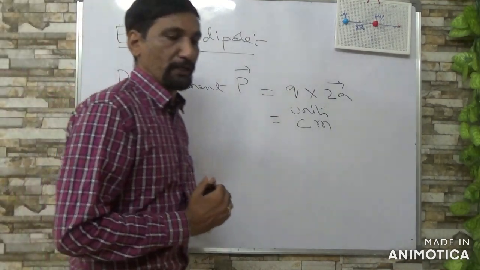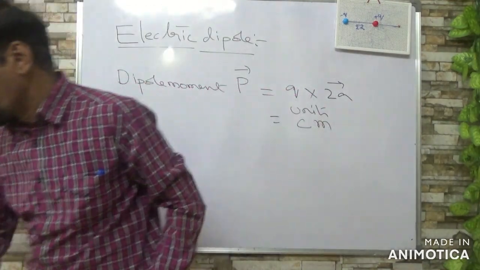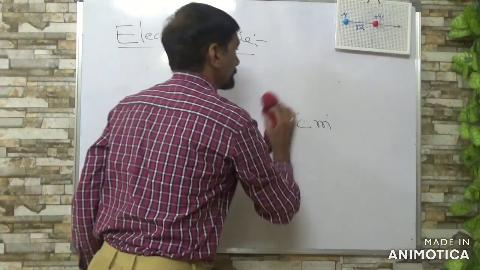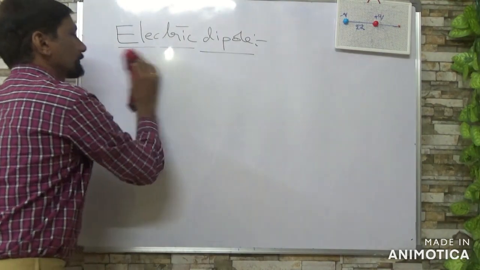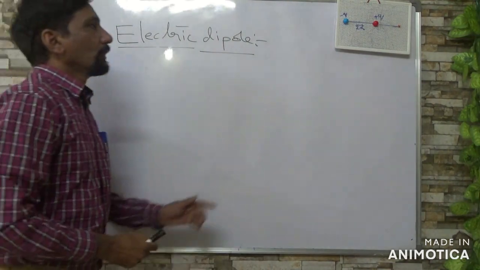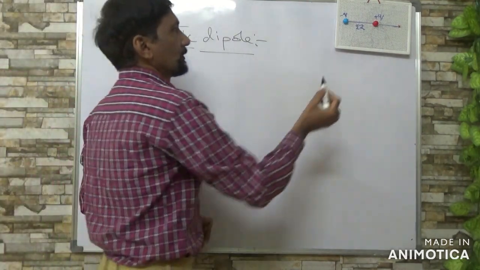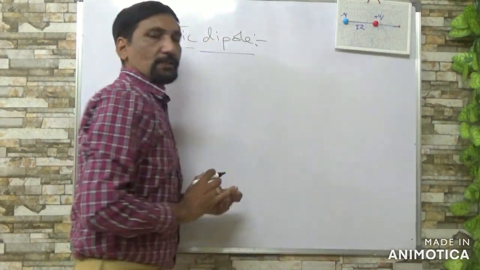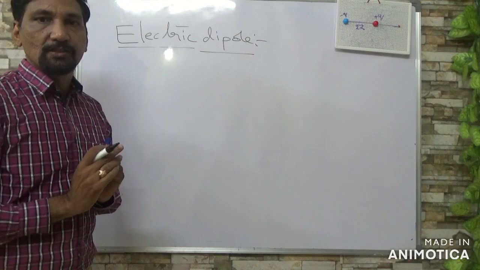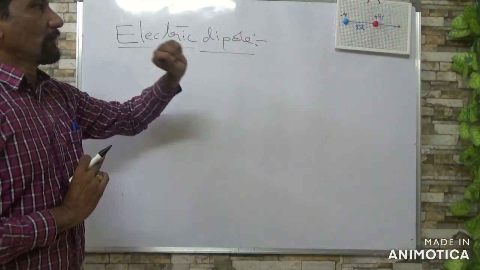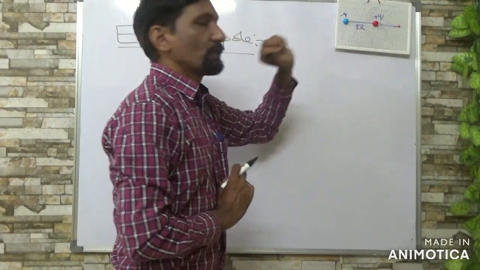It is a very important question from the IPE point of view. Now let us suppose there are two charges, minus q and plus q, two equal charges of opposite sign separated by a distance 2a.